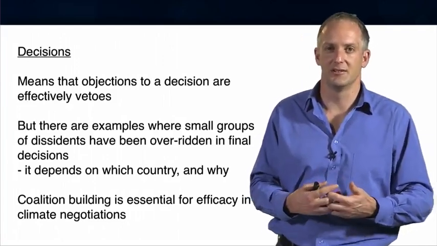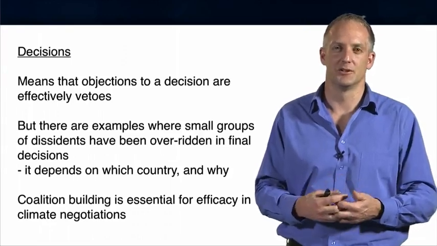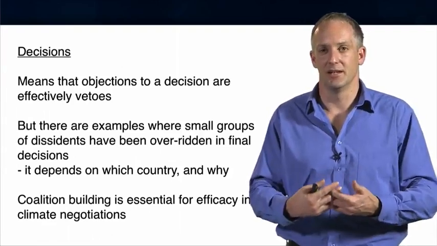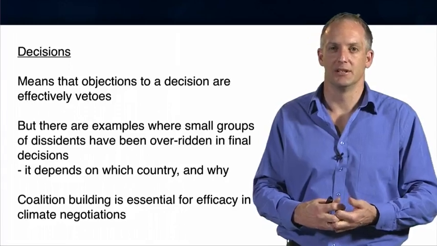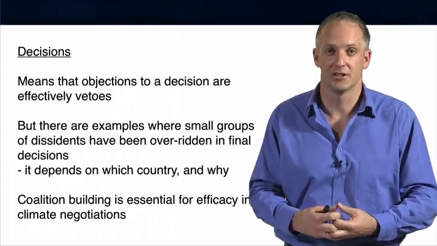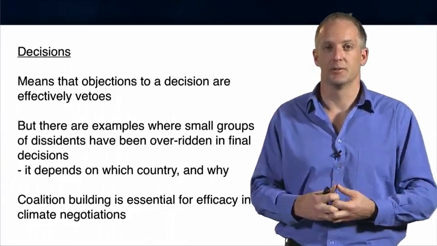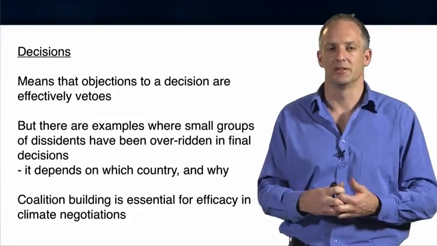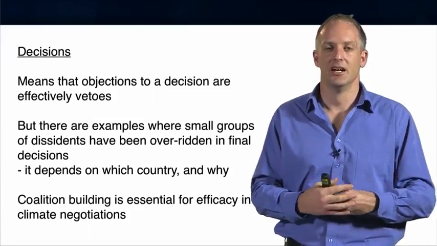In practice, examples exist where dissidents and single individuals or single groups of individuals have slowed things down, objected and opposed things ardently, but ultimately decisions have been made despite their objections. A good example of this is OPEC, the oil exporting countries, who frequently object to everything all the time because they are concerned about the effect of reducing emissions on their export revenues.